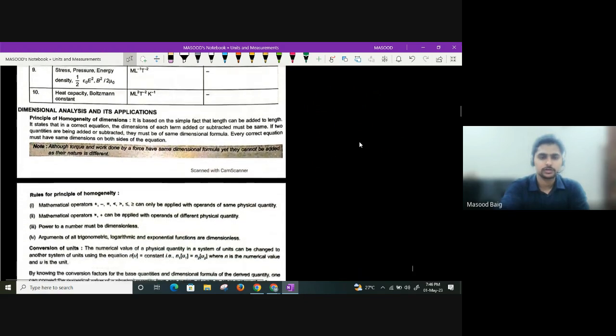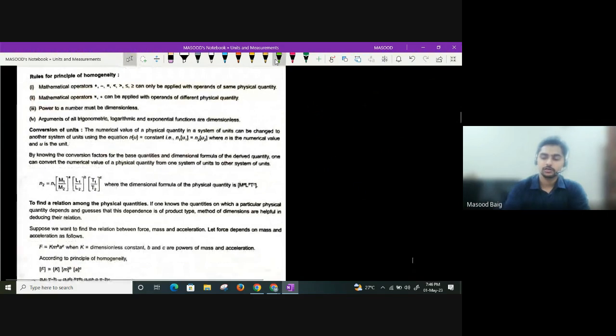So let us talk about dimension analysis again. Very basic points you should know in dimension analysis, guys. What are those basic points? Whenever we add, subtract, compare, I can use these mathematical operations only with physical quantities which have the same dimensions.